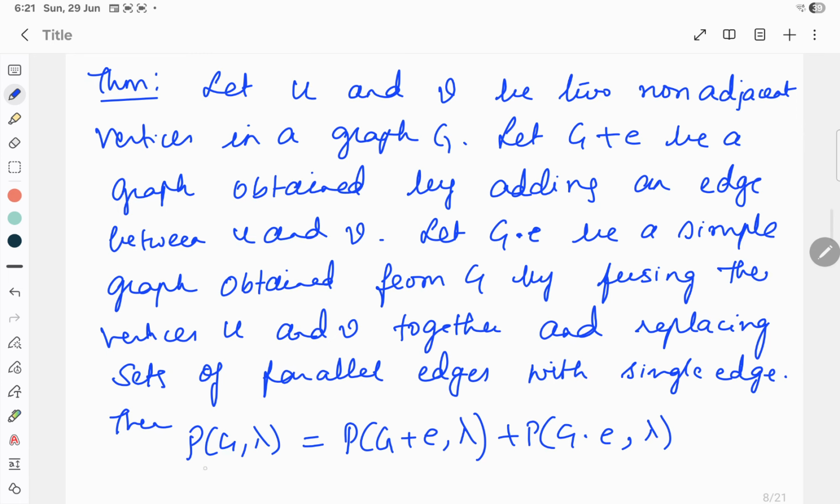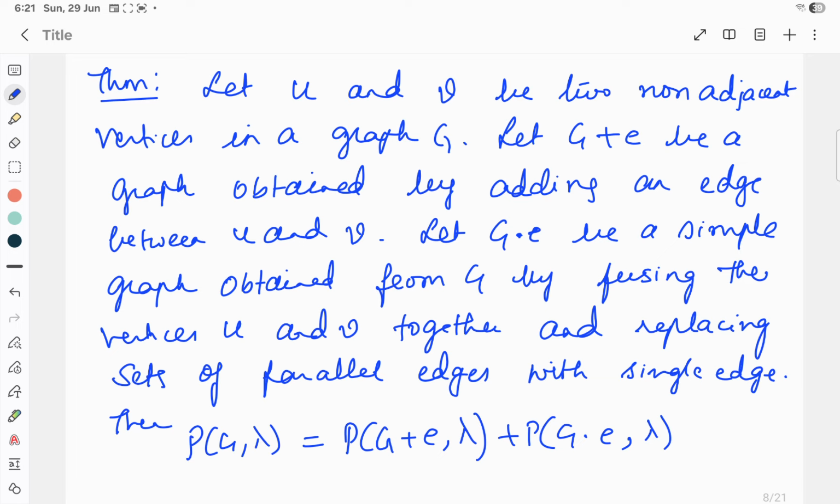Then P of G comma lambda is equal to P of G plus E comma lambda plus P of G into E comma lambda. This is a very important theorem which is used to find the number of ways a graph can be colored with a given lambda number of colors.